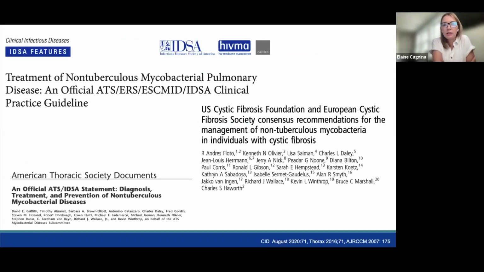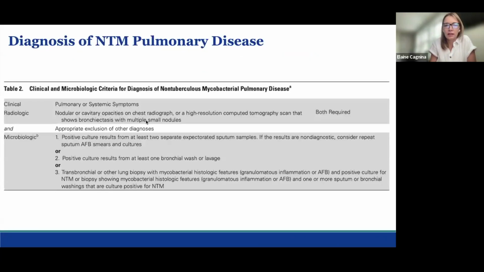And there are guidelines for this. There are guidelines for how to diagnose and treat NTM. These are the major guideline documents that I'm going to take some of this information from, just so you know we're not operating in a data-free zone. We talked about how to diagnose it, but this is the actual guideline here.